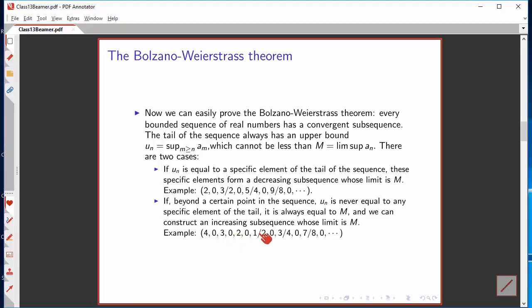We go along for a while, and now we have 1/2, 3/4, 7/8. We will never find another element like this 2 that was the largest element of the tail, but we will have an increasing subsequence, in this case a subsequence whose limit is M equals 1.